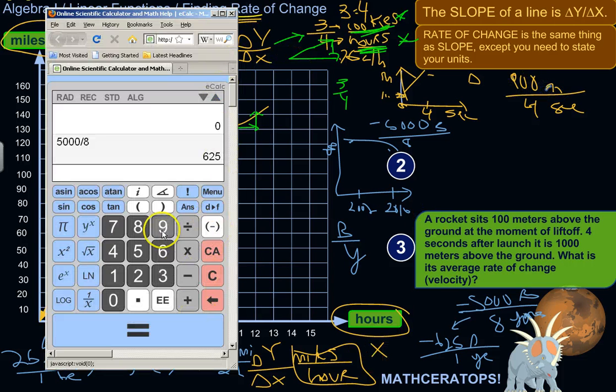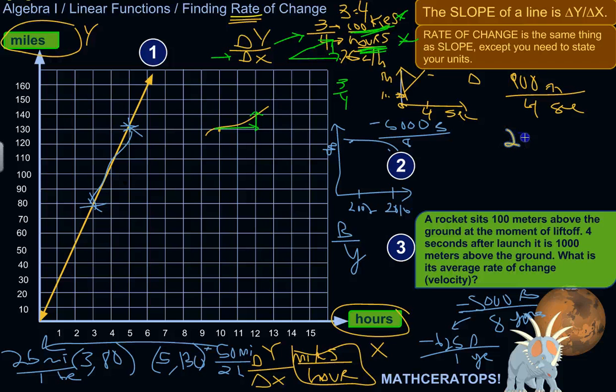So just to turn it into something that's easily understandable, we can just divide to turn that into unit rate. That's 225 meters per second. 225 meters per 1 second. So I just reduced it. 225 meters per second would be the rate of change for this problem.